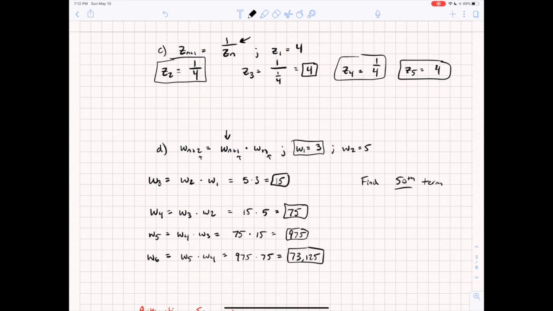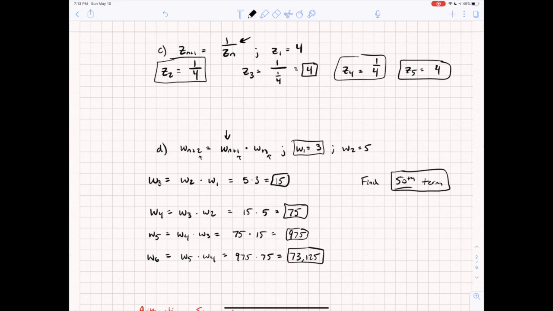Well, to find the 49th, I'd have to find the 48th, then the 47th, then the 46th. You would need to know all prior terms. And so recursive is good, but it's not great in terms of shortcuts and in terms of trying to find some term that's way down the road, because you need to know legitimately everything that comes before it.